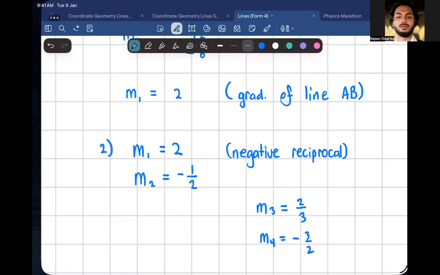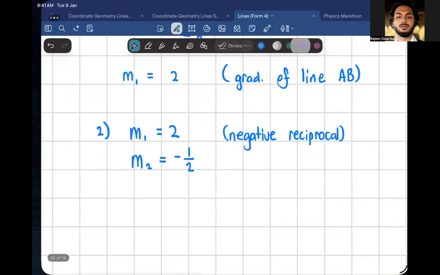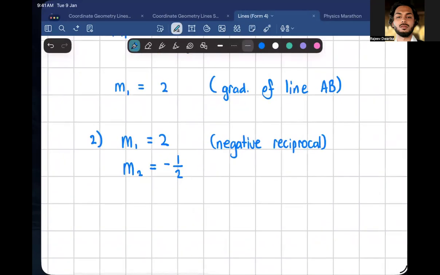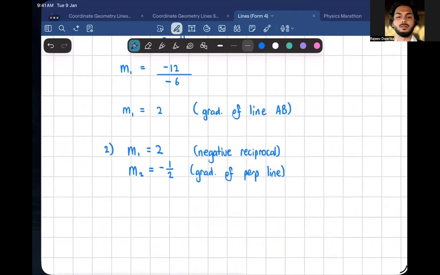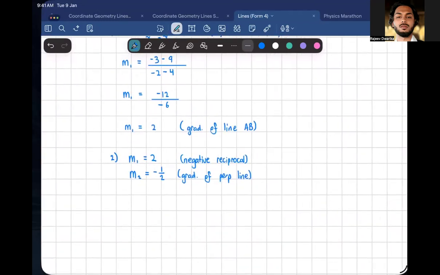Perfect. That's the relationship between perpendicular lines. So what we just found for the gradients of perpendicular lines. Nice.